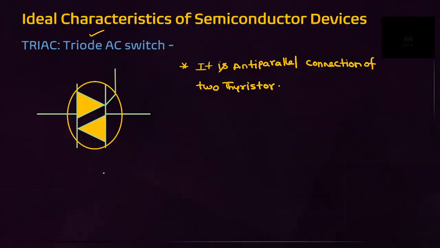Instead of anode and cathode, you have to use main terminal 1 and main terminal 2. And this is the gate.